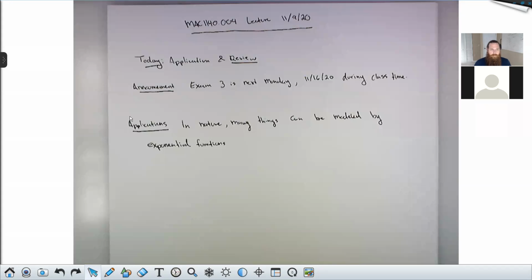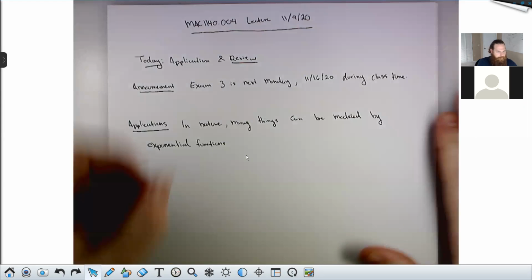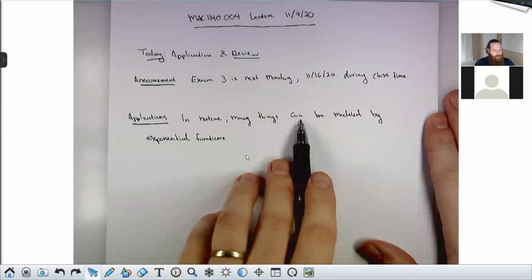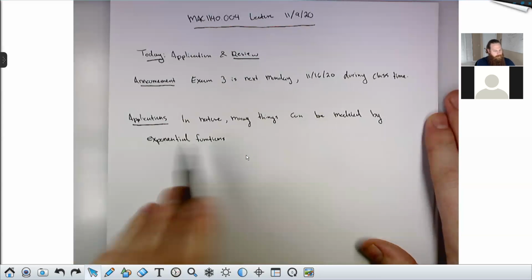So the simplest example of an application, a setting where an exponential function shows up in nature, is if you think about how bacteria divide, or how any single cell organism reproduces. That individual cell splits into 2 cells, and then each of those 2 cells split into 2 cells, and then each of those 4 cells split into 2 cells. Many things can be modeled by exponential functions.